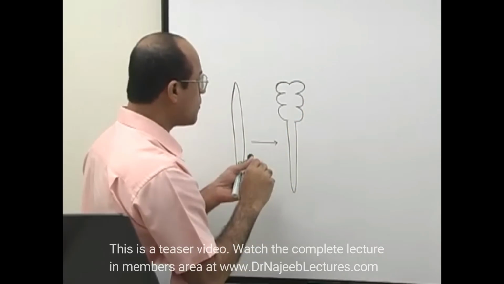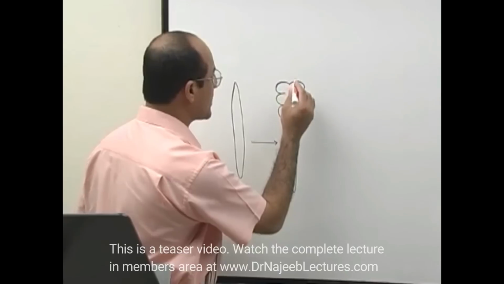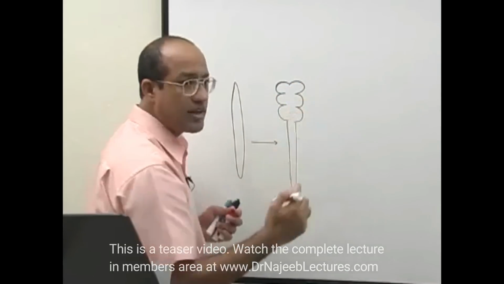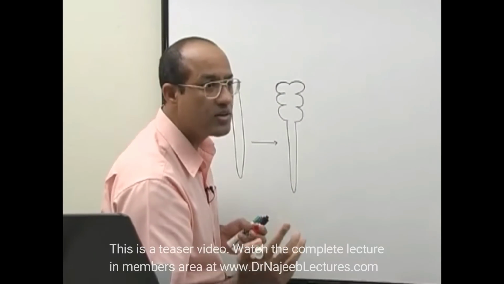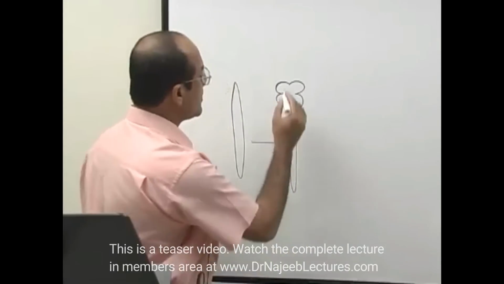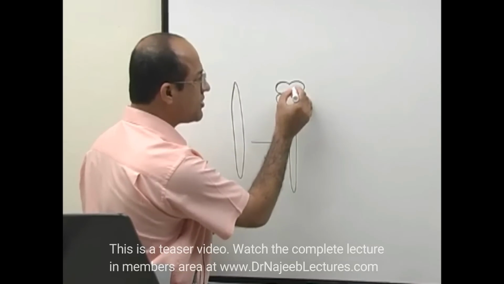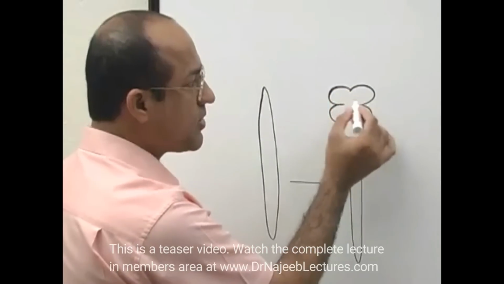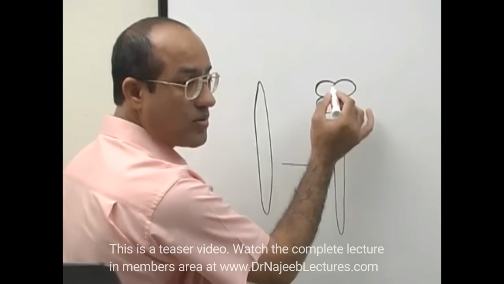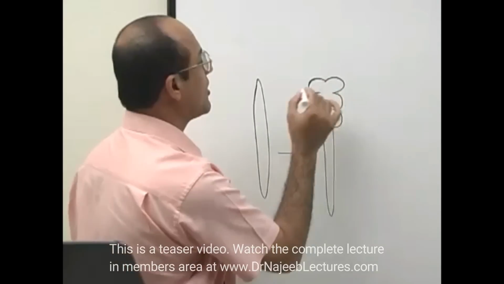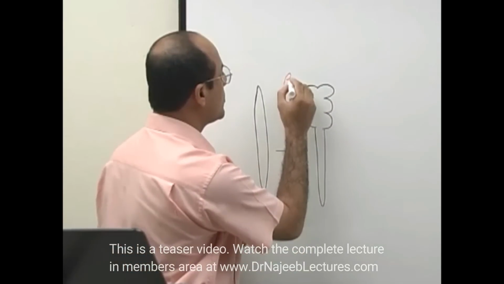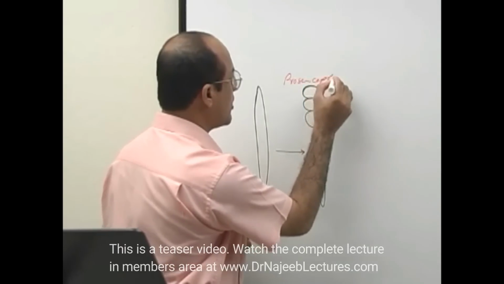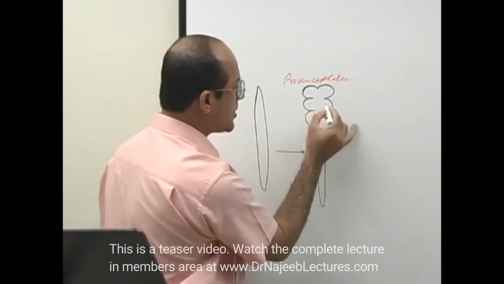That's very good. So the forebrain, let's suppose I put a different color here. These three are also called the three primary vesicles. This is called the forebrain, or what is the other name for this swelling? Prosencephalon. And what is this?